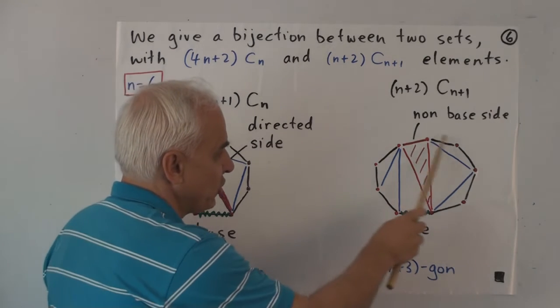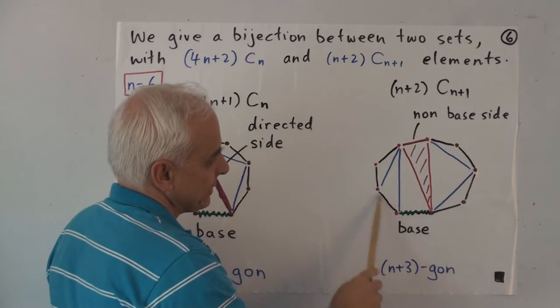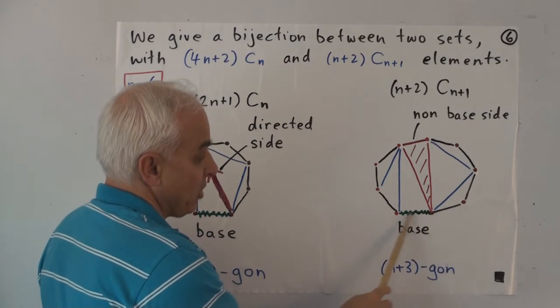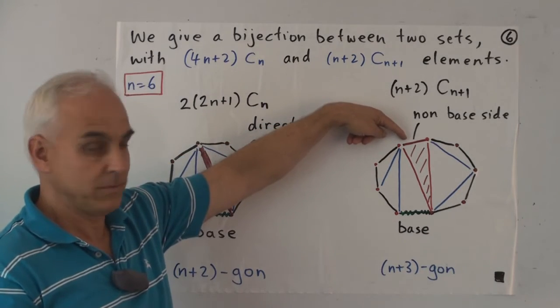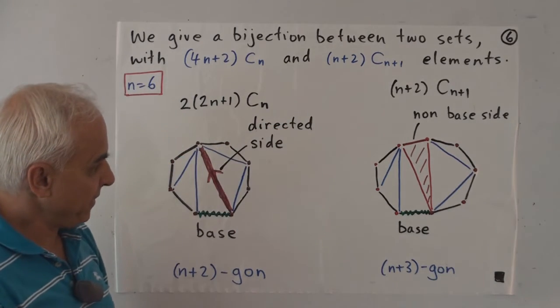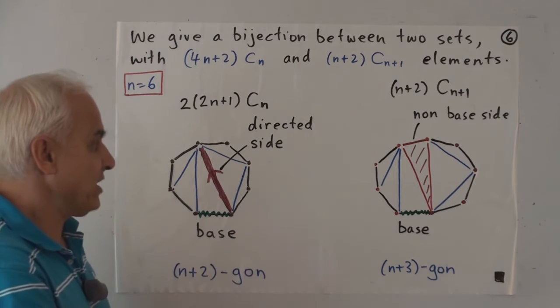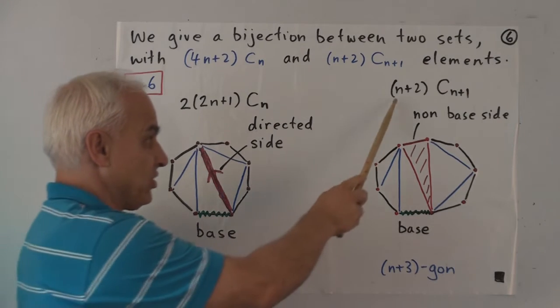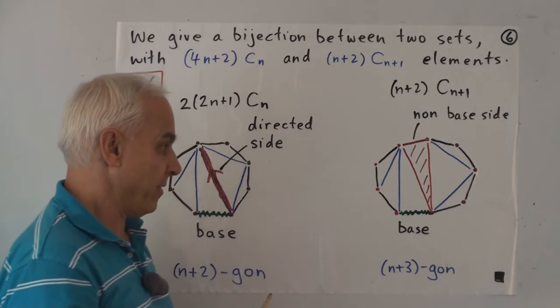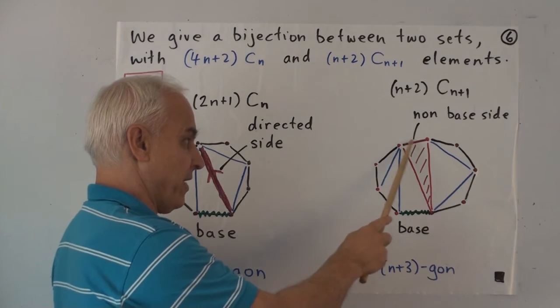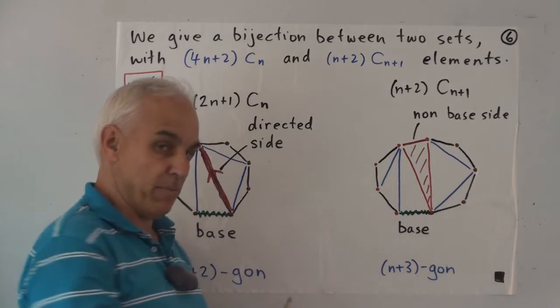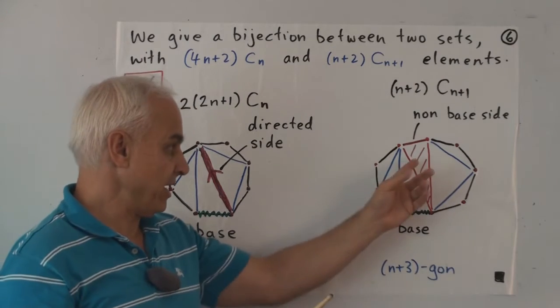So there are n plus 2 edges around the outside, not including the base. And we're going to choose one, say that one there. And the number of ways of doing that is n plus 2 times c sub n plus 1. So we've chosen a triangulation together with a distinguished non-base side on the outside.